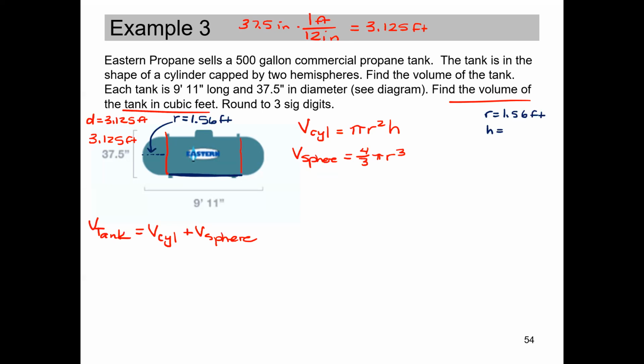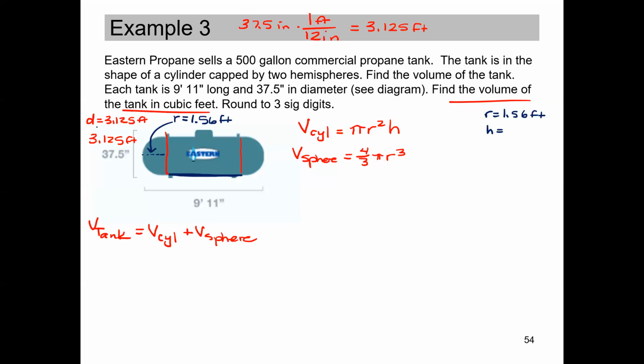I have the height of the whole tank, but I don't want 9 foot 11 inches for the whole tank. So I need to subtract the radius for both sides. I need to subtract 2 radii to get this. So it would be the 9 foot 11 inches.